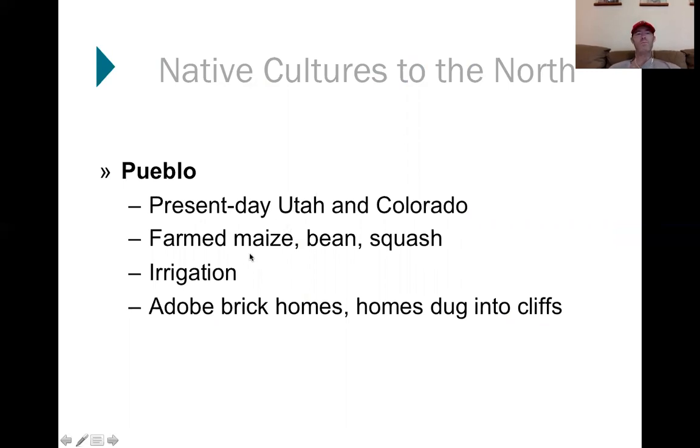So they farm maize, beans, and squash, so again, they're very agricultural in their own way. Irrigation, right? They have a complex system of trying to bring a resource that we know is vital to farming, water, in other words. And then, as you'll see here, socially, adobe brick homes, digging into cliffs, things like that. Those are all reflective of how they adapt to their environment.